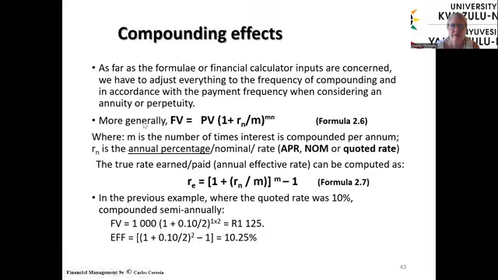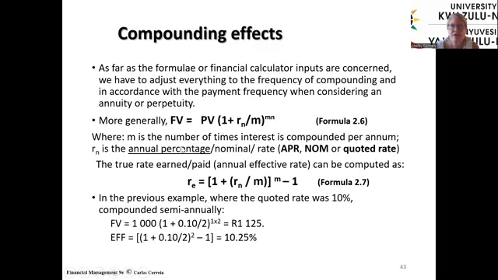So more generally then, our formula of FV is equal to PV times 1 plus R to the power of N becomes, when we're compounding more than annually, FV is equal to PV times 1 plus your nominal annual rate, that's quoted, divided by M, and M is the number of times interest is going to be compounded in a year. And then that is raised to the power of that same M times your N.